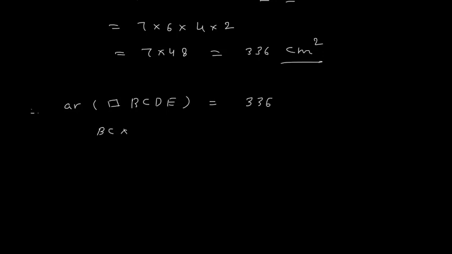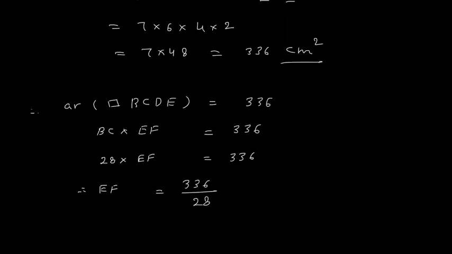BC multiplied by EF. EF is height, which is equal to 336. The value of BC is 28. So 28 into EF is equal to 336. Therefore, the value of EF is equal to 336 divided by 28. So with 7 I will cancel.